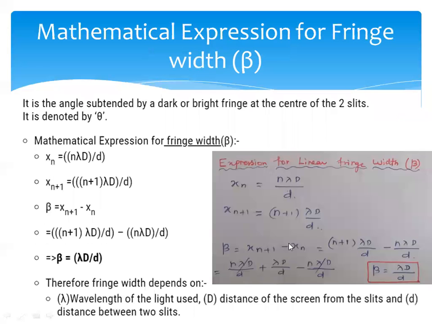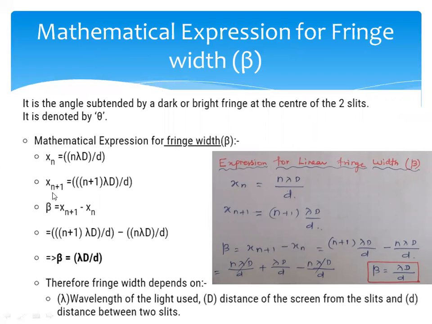Now we are going to see the mathematical expression for the linear fringe width beta. Here, for the bright fringe, xn is equal to n lambda D by d. This is the fringe which is captured at the initial point.